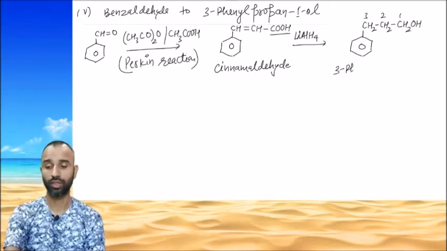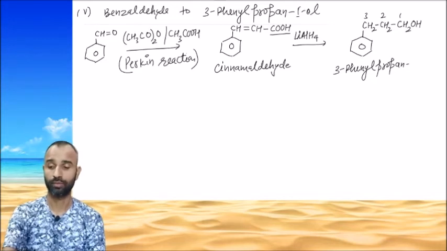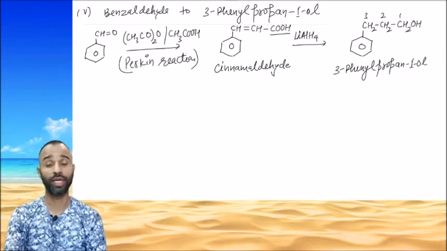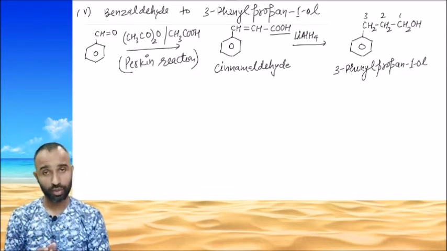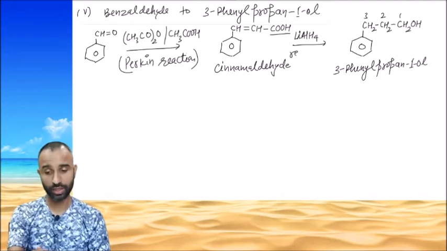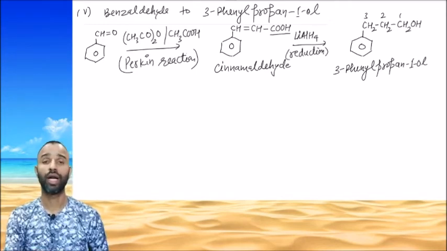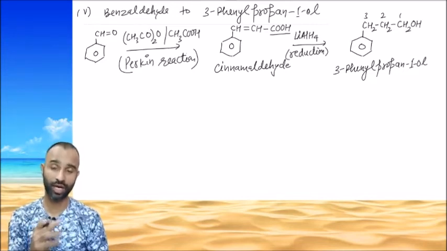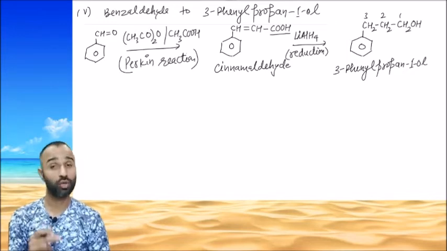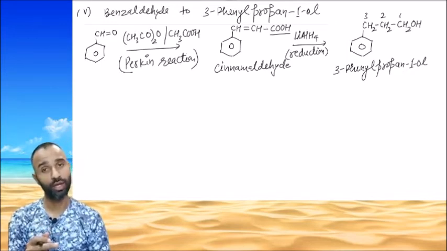So this is 3-phenyl propane 1-ol. Keep in mind, lithium aluminum hydride is a reducing agent and can reduce aldehyde into primary alcohol, ketone into secondary alcohol, carboxylic acid into primary alcohol.